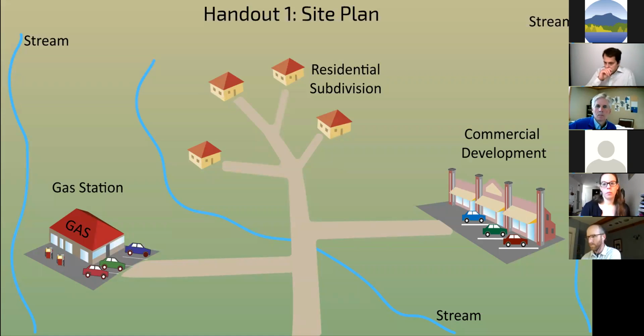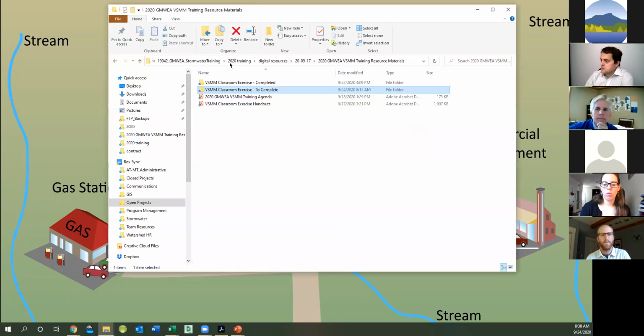In the resource packet that we provided ahead of time, there's going to be a series of site handouts. I'm just going to share this quickly and show you what that zip file should have looked like. There is a PDF at the bottom, VSMM classroom handouts.